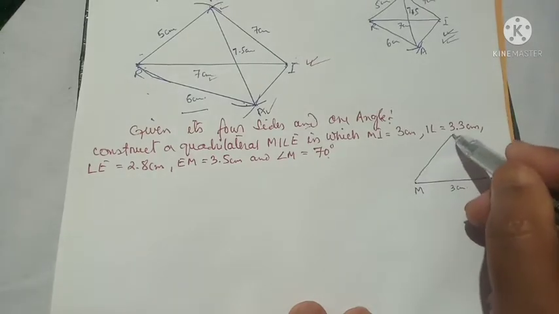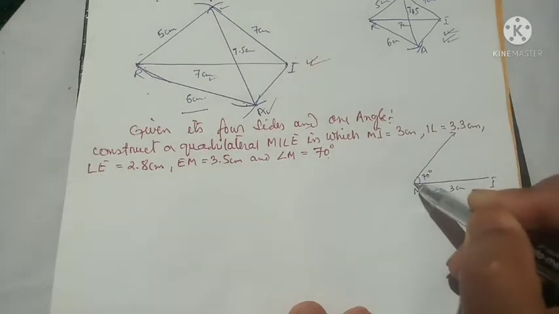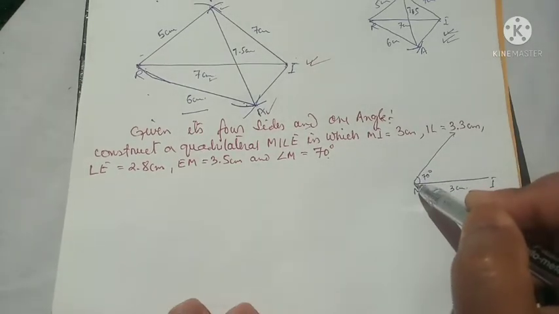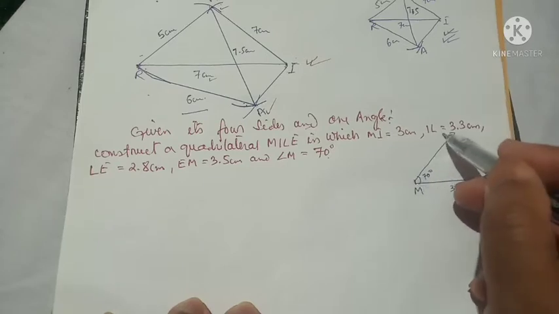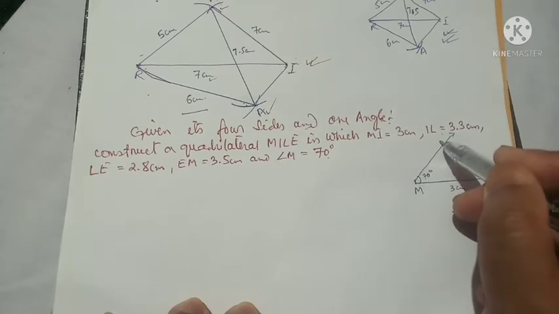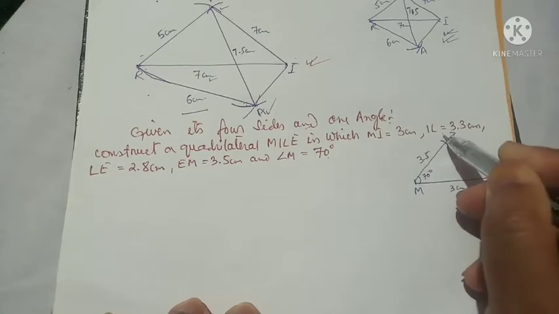Okay, angle that is 70 degree, and with the center M, with a radius of 3.5, we draw an arc in this ray. So we cut here, that is 3.5. We call it here E.